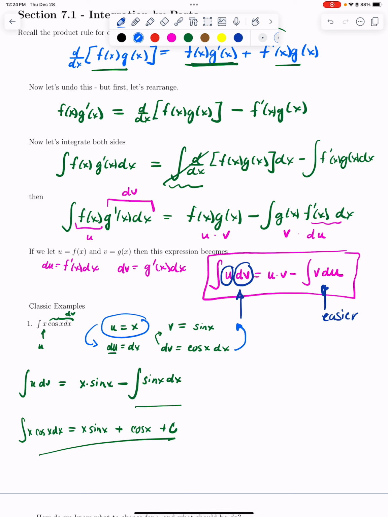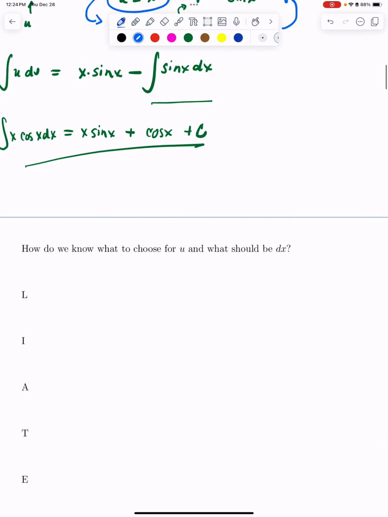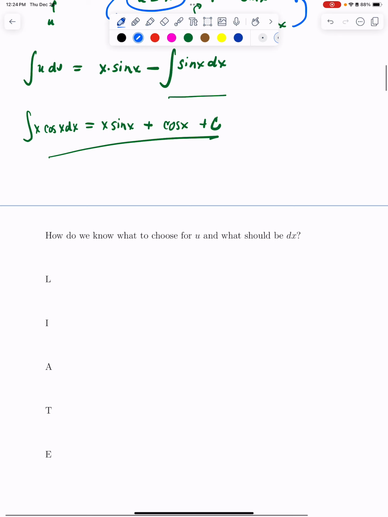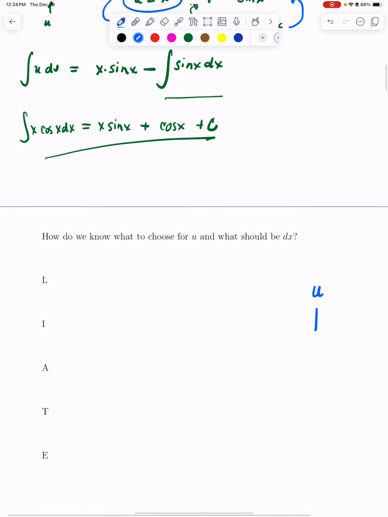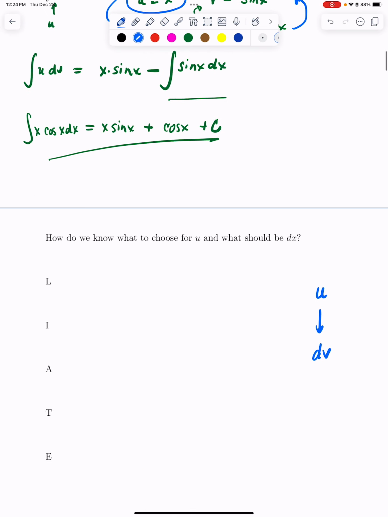And that's still a little vague, but that's your guideline. So even more directive, I guess, is this useful guide. If you have these things in your integrals, you're going to assign the thing that appears first as your u and the thing that appears second as your dv. And I know that's not really clear yet, so let me explain.